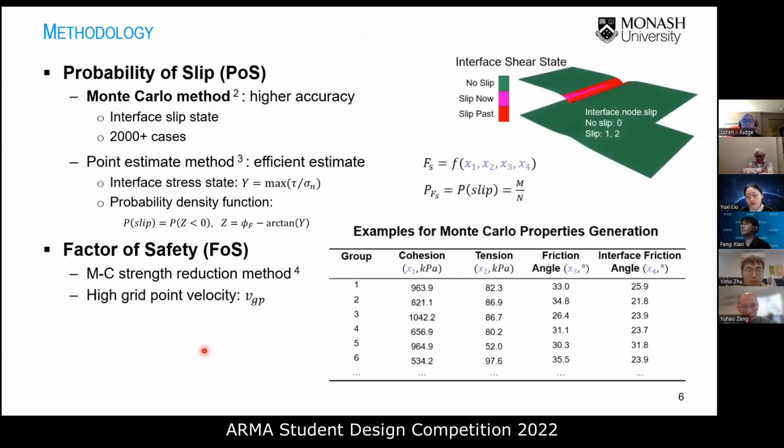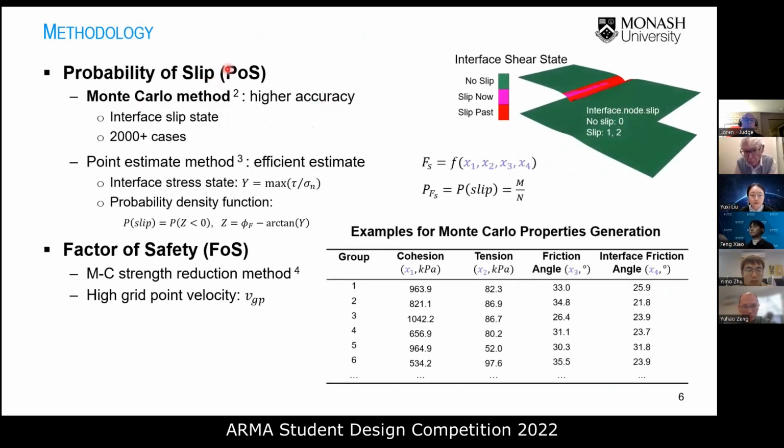Let's talk about the methodologies on the achievement of the probability of slip, POS, and factor of safety. So first of all, let's talk about the POS. The Monte Carlo method is used for the benefit of the higher accuracy. It works by taking the variables into consideration, generating a large number of cases with randomly selected variables, and counting the number of cases with slip default, which is M, over the total number of cases N. To be more specific, the table shows more than 2,000 cases with randomly selected parameters in each case.